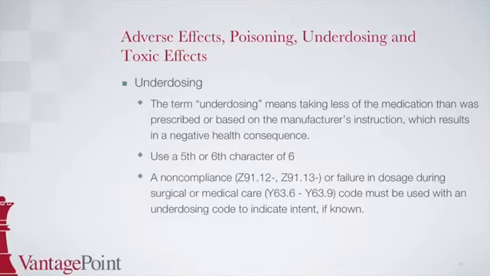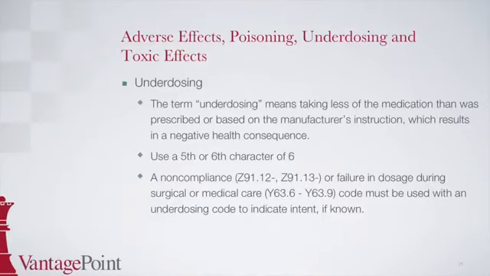The code for the drug indicating that an underdose has occurred should have a fifth or sixth character of 6 to indicate underdosing. If the patient intentionally or unintentionally underdosed themselves, a code for noncompliance from subcategory Z91.12 or Z91.13 should be used.